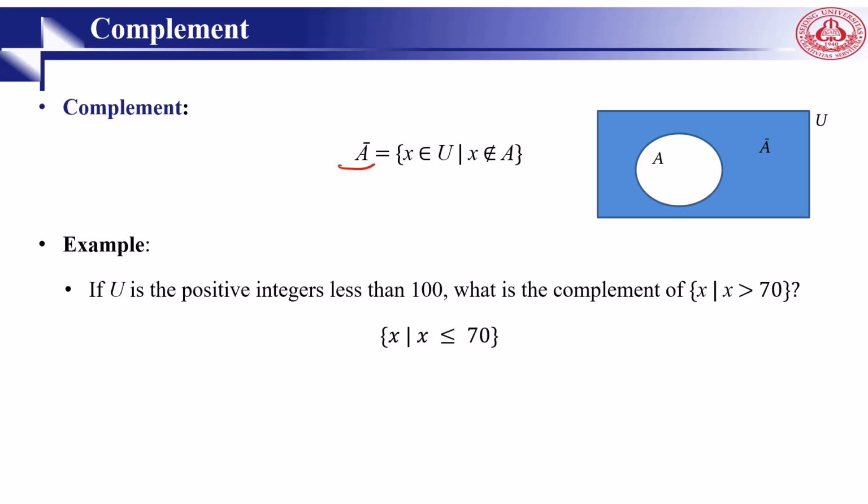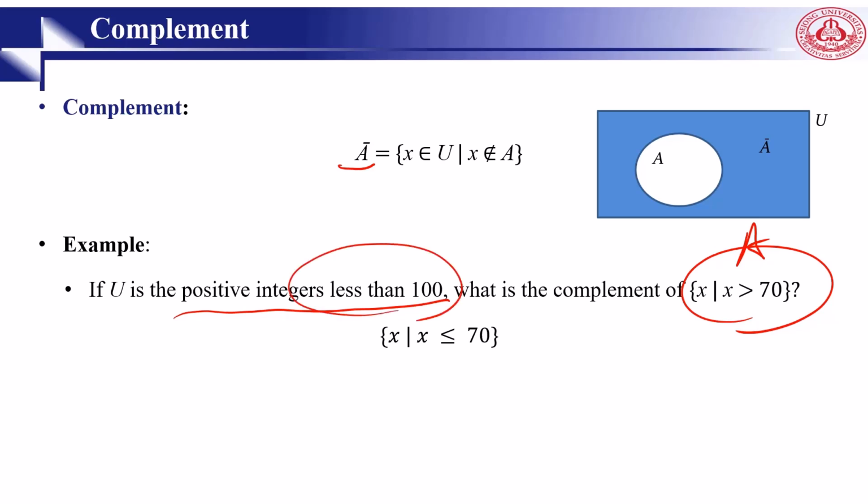For example, if the universal set is the positive integers less than 100, what is the complement of the set of x such that x is greater than 7? Here, greater than 7 is our A, and the universal set is 1, 2, 3, up to 99.